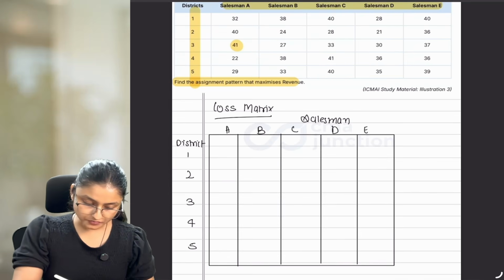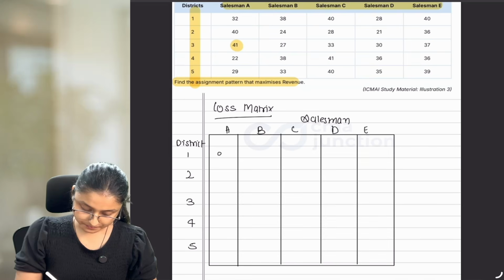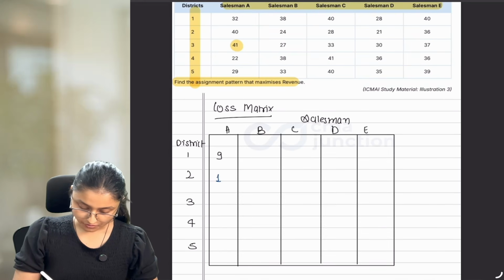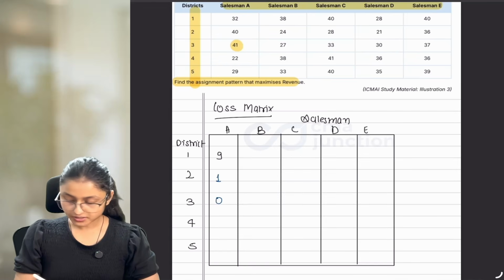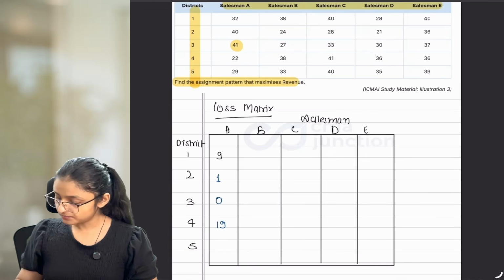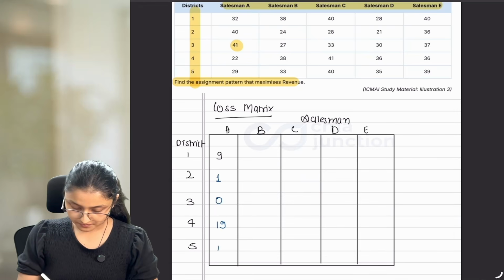So 32 minus 41 is 9. Next, 40 minus 41 is 1. 41 minus 41 is 0. 41 minus 22 is 19. 41 minus 29 is 12.